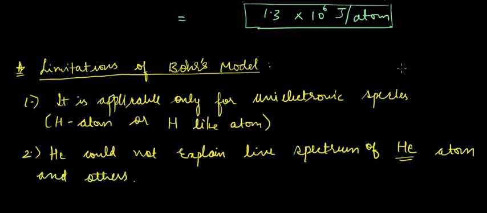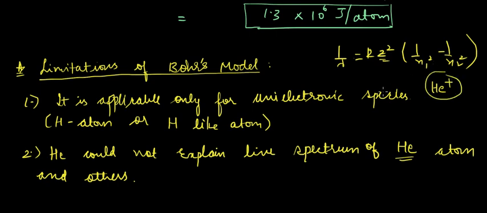So please remember that though we say that in Rydberg's equation also, 1 upon lambda is R Z square into 1 upon n1 square minus 1 upon n2 square, we take Z. So why is it not applicable for other atoms apart from hydrogen atom? They are applicable, but only for the ionized part of that particular atom. So let's say we saw an example wherein we use He plus, to indicate that there is only one electron in this species. Helium originally has 2 electrons, but we have converted it into He plus, then it only has 1 electron, just like hydrogen atom.